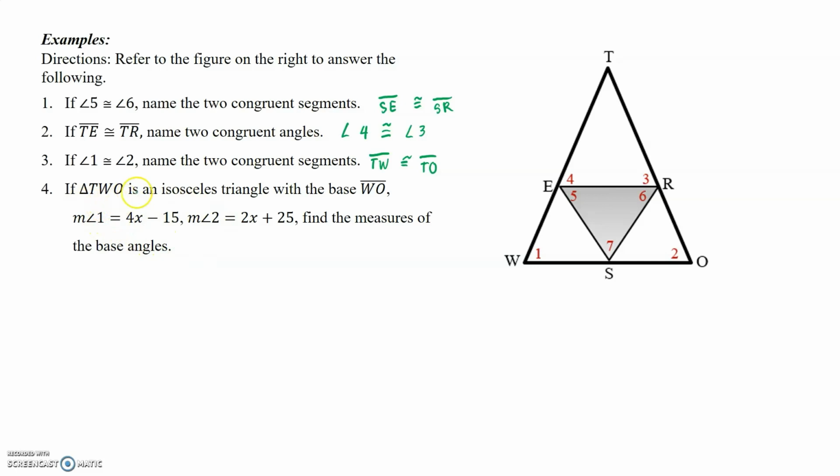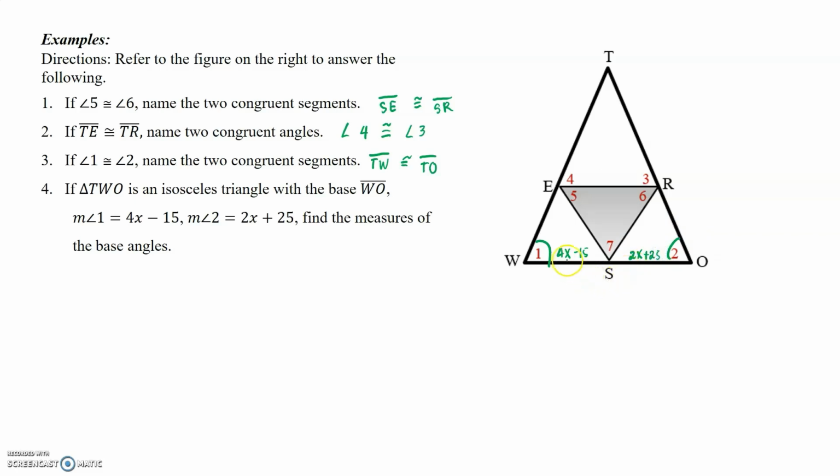If triangle TWO is an isosceles triangle with base WO, segment WO, and the measure of angle 1 is equal to 4x minus 15, so this angle 1, the measure of that angle is 4x minus 15, and the measure of angle 2 is 2x plus 25.